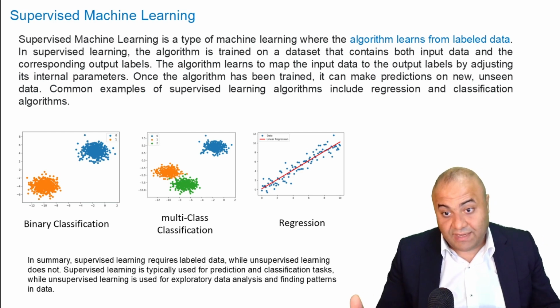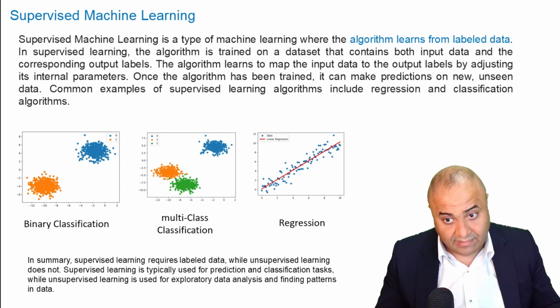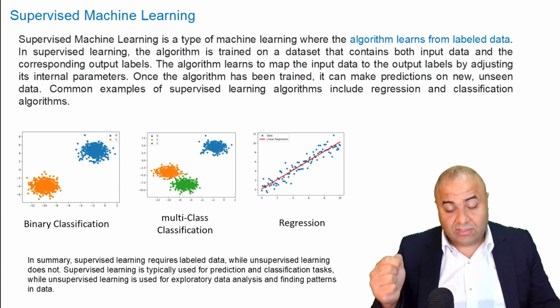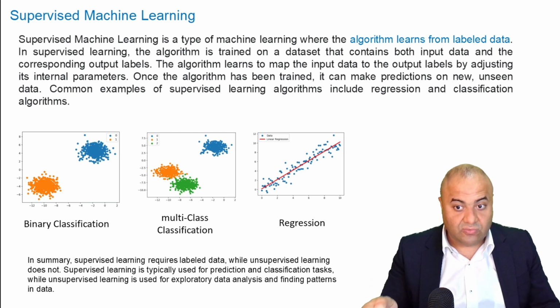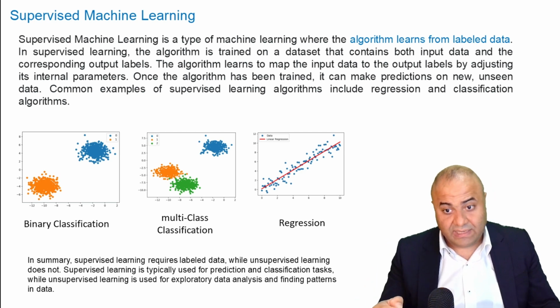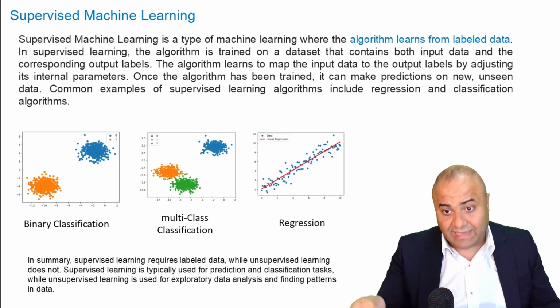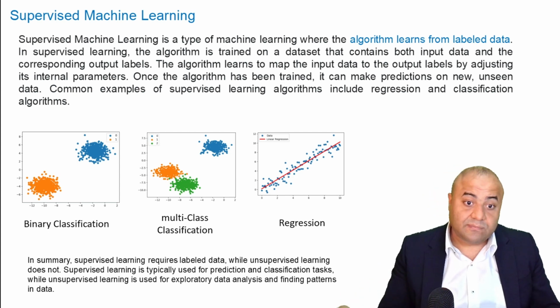This is very straightforward supervised machine learning. You're teaching the model to tell you this is a cat or this is a dog, based on the data that you have labeled.